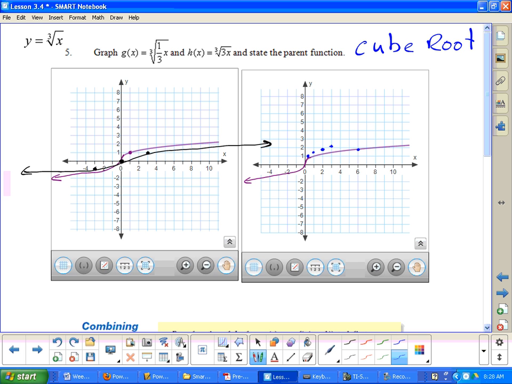And that same thing applies for the negative sides. Okay. So this graph's going to look like this then. Notice, that graph is compressed horizontally, but what's happening vertically? It's stretching because it's growing faster.